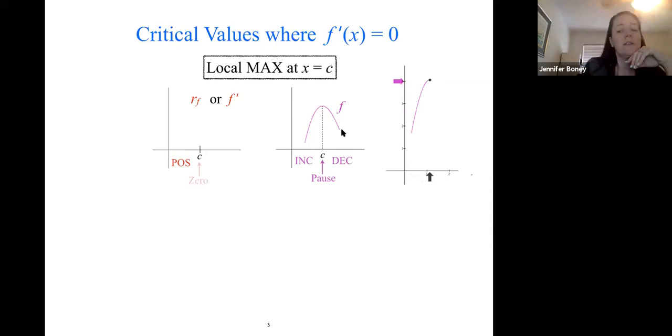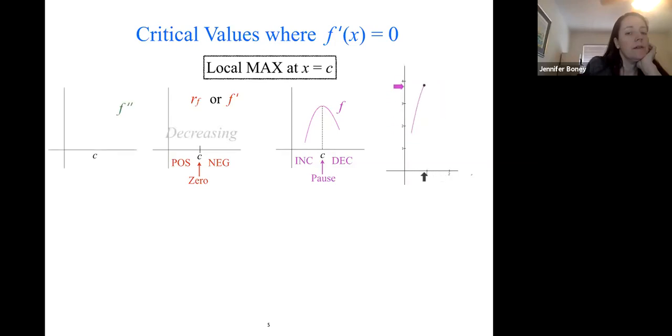So looking at what that graph would look like, a rate graph has a positive value, then hits 0, and then becomes negative. I don't know exactly what shape it would have, but one possibility is something positive, hits 0 at that spot, and then is negative, somehow going downhill.